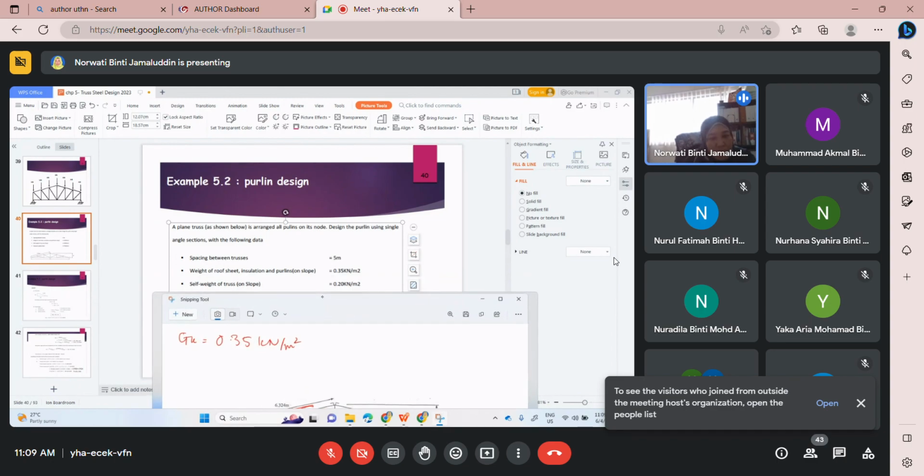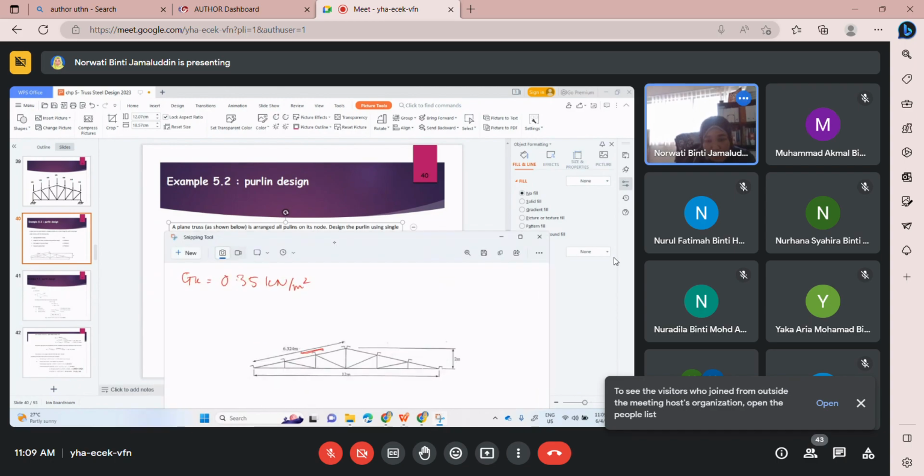As for self weight of truss, the truss will not be supported by purlin. Instead, the main truss supports the purlin member. Purlin is the secondary member, placed on top of the top chord of the truss.